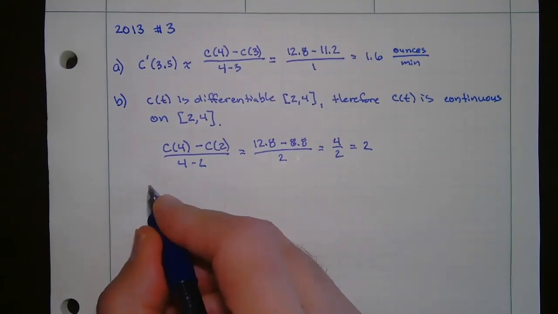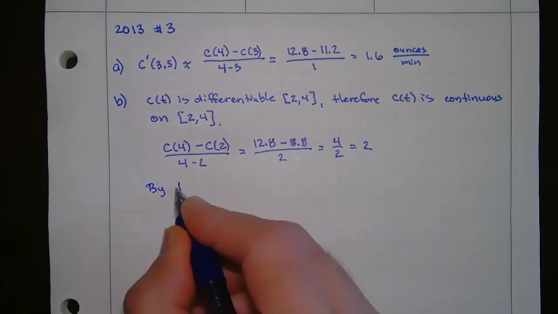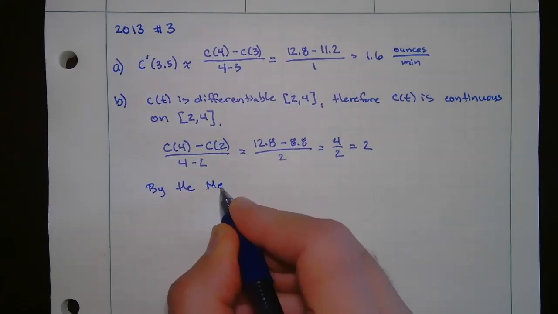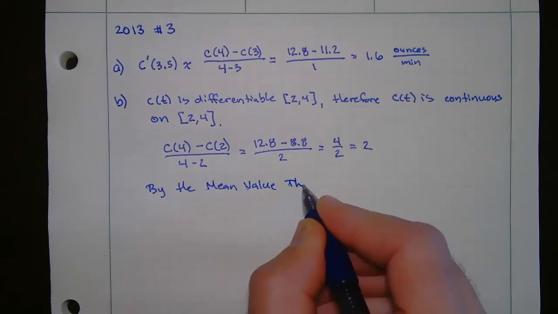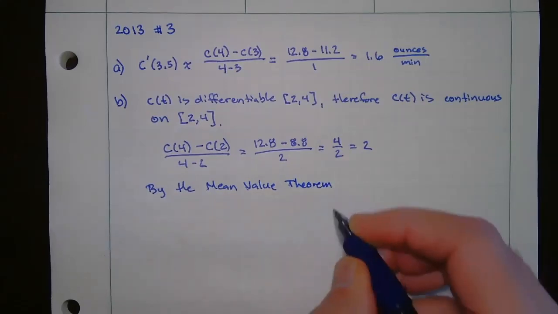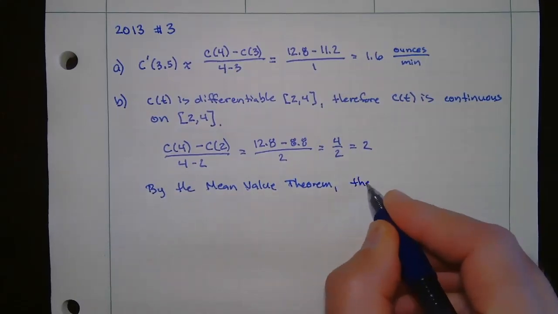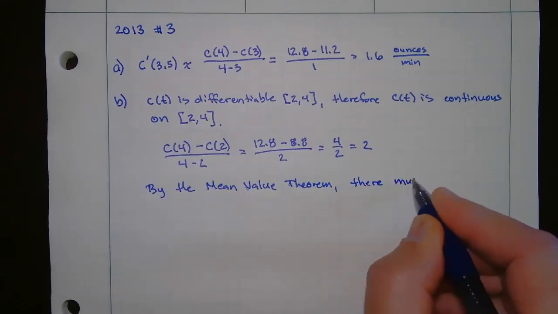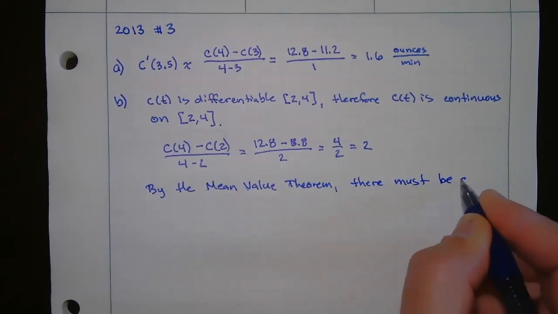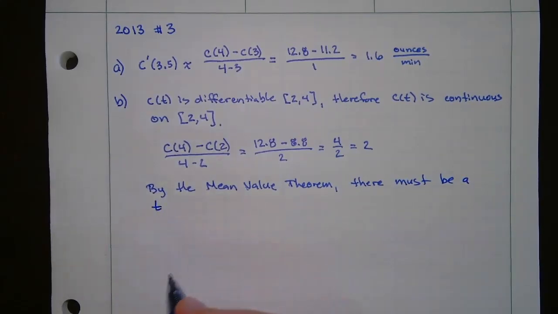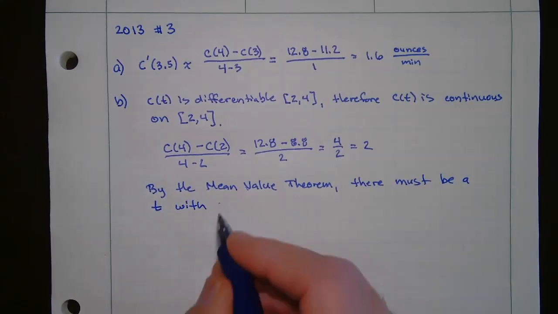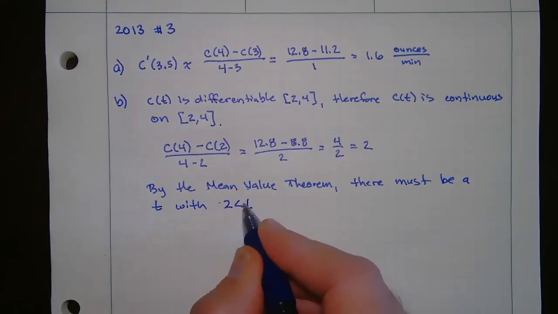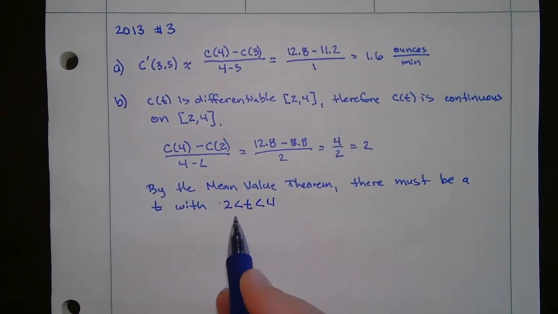So we can say it, okay? So by the mean value theorem, there must be a t with t between 2 and 4, so we'd say 2 is less than t is less than 4, and it has to be less than, not less than or equal to, okay?